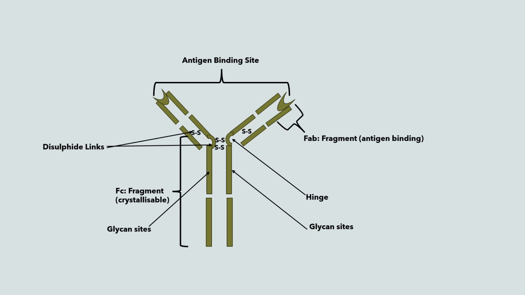The other thing I've got in this diagram is glycan sites. Glycan sites are where you get your glycosylation, and antibodies, which are of course glycoproteins, have sugars attached to these glycan sites, and these sugars modulate the ADCC functionality of the antibody.